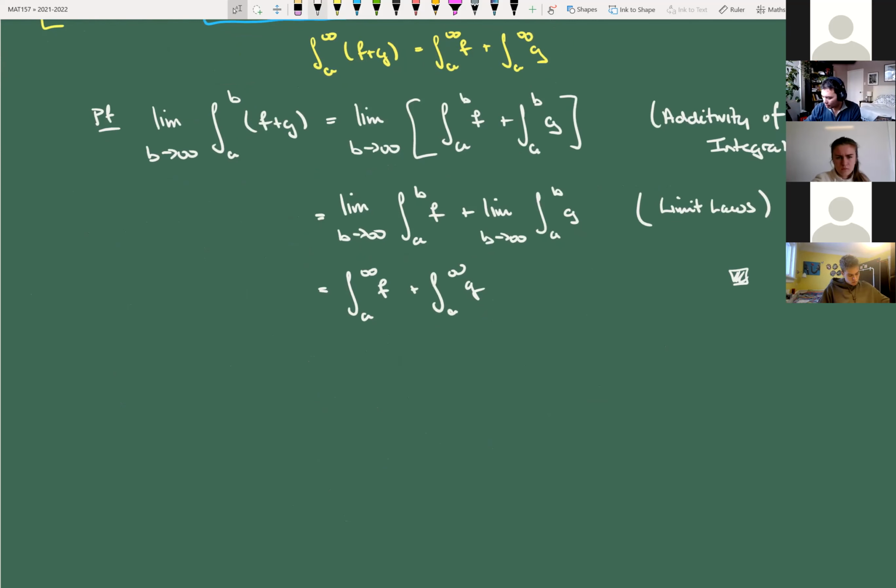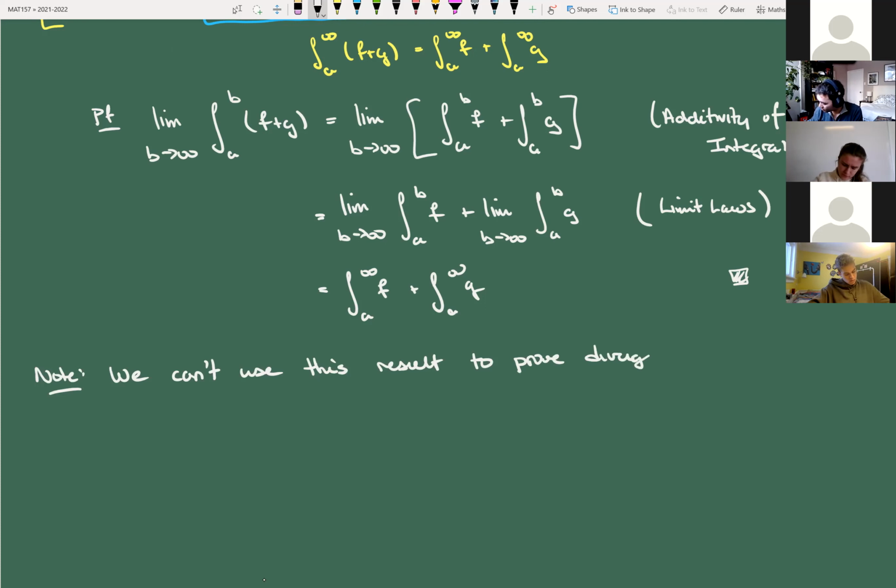So I'm going to give you an example of a conditionally convergent improper integral, but I'm going to make you guys do it in your next homework, because it's a slick little example, and it takes a fair amount of work. So note, we can't use this result to prove divergence, since there are conditionally convergent integrals.